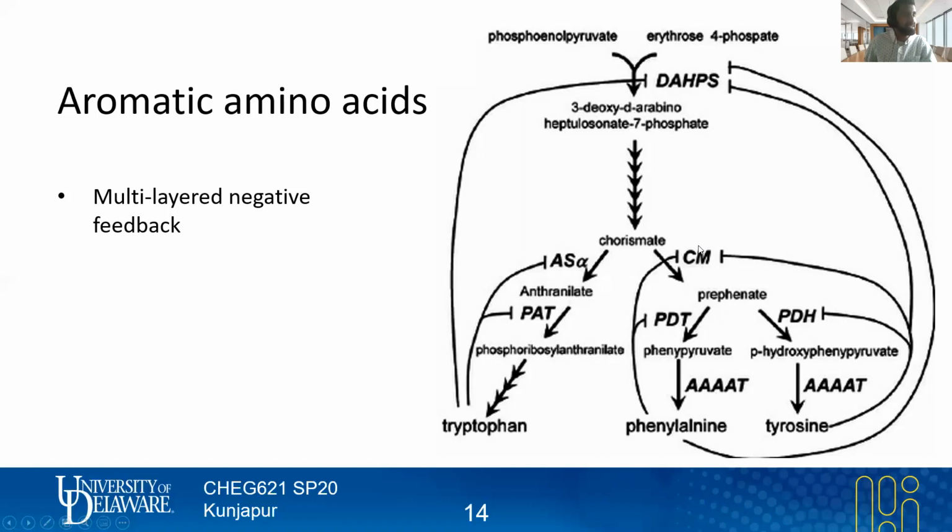And interestingly, it's not just your final metabolites going back to the first committed step that is happening, but you've got these intermediate layers of negative regulation, really trying to make sure that you have multiple layers of control. Maybe it's in case this fails, but it seems more complicated than that.